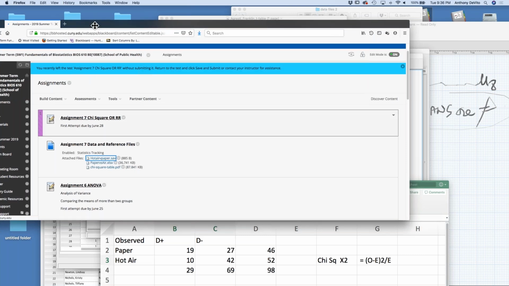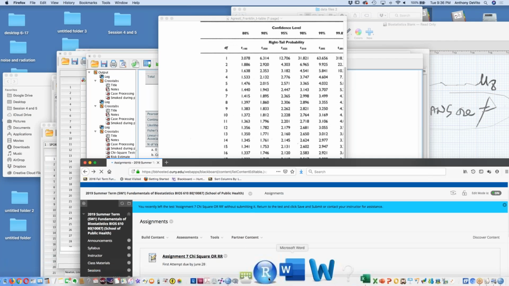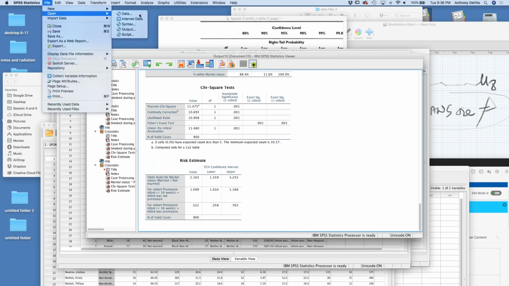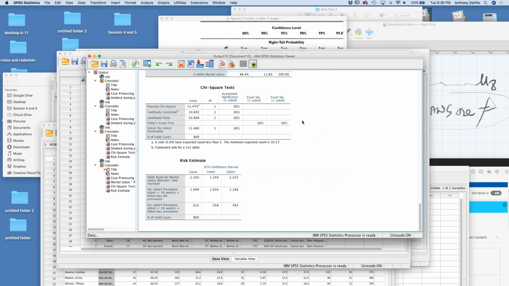And I'm going to do this in SPSS now. I'm going to repeat this problem in SPSS. Let me get SPSS here. I'm going to open the file, open data, navigate to my desktop, look for that file. Here it is, hot air versus paper. Open it up.